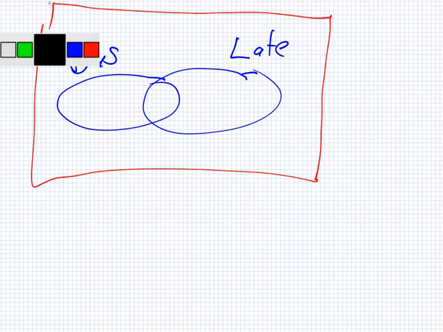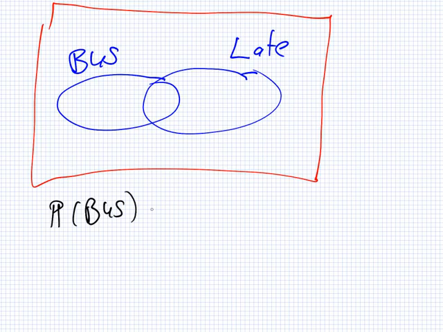Right, so we know the probability that a student will take the bus is 0.8. The probability that they will be late is 0.2. And finally, the probability of the student that takes the bus and is late.